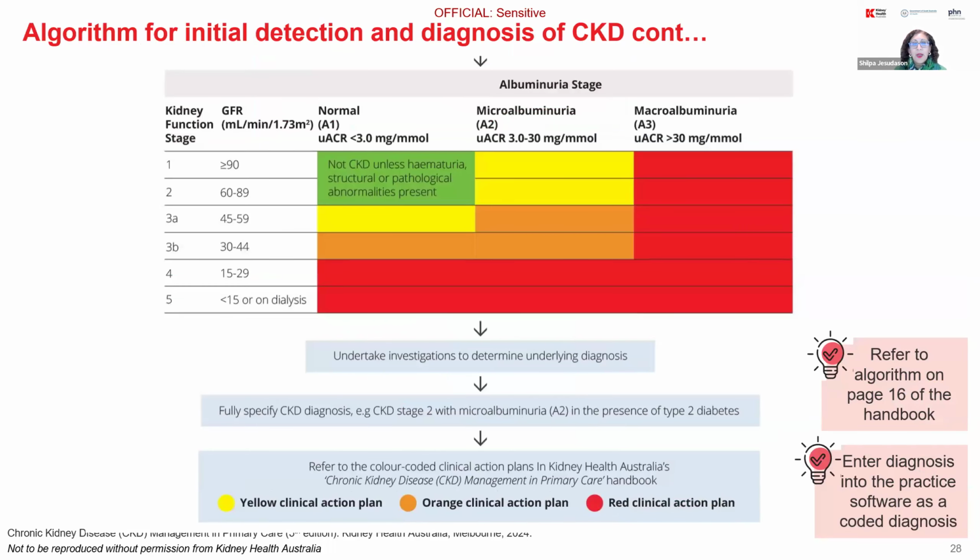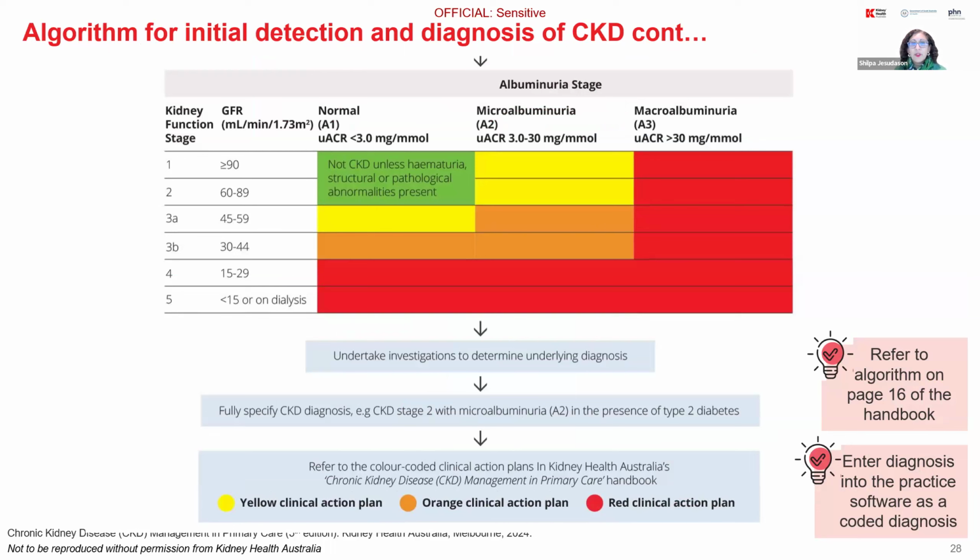Now, you do this by, once you've confirmed that there's albuminuria, once you've confirmed the GFR is reduced, you can plug it into this sort of algorithm, and this heat map basically tells you the risk that this patient is going to end up with either kidney failure down the track or a cardiovascular event. It goes for both.